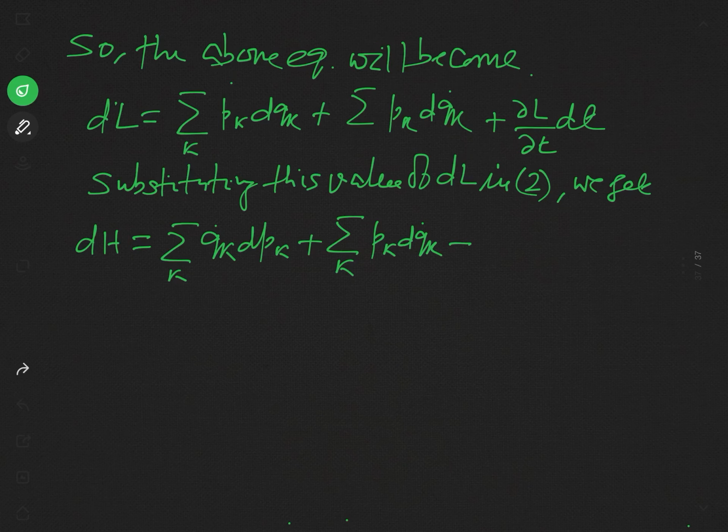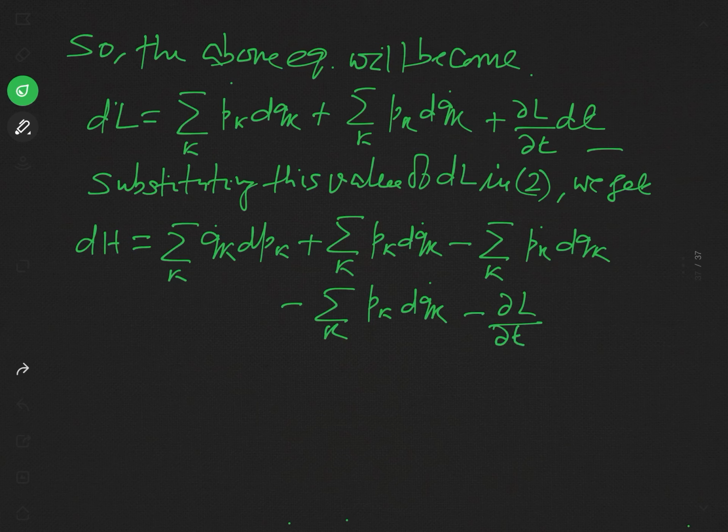Now we will substitute the value of this dl from here, and so this is minus summation over k pk dot dqk minus, this is summation over k pk dqk dot, and minus del L by del t dt.